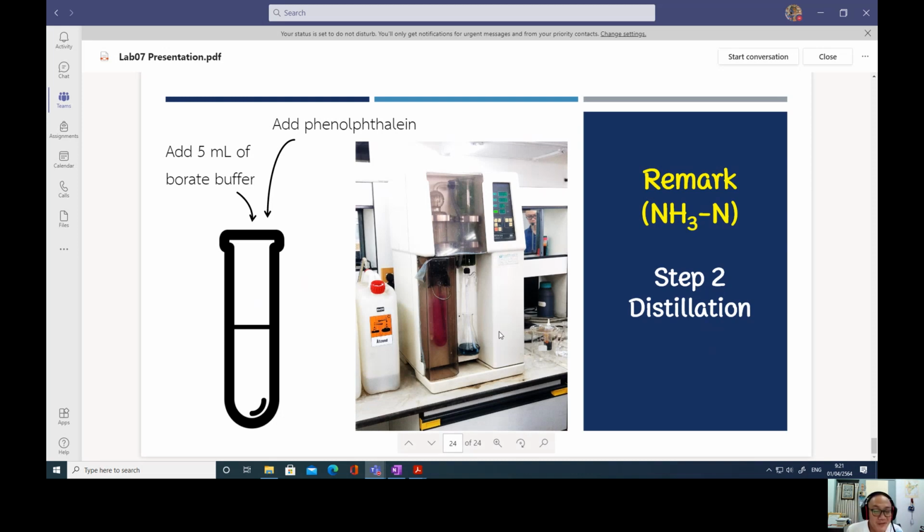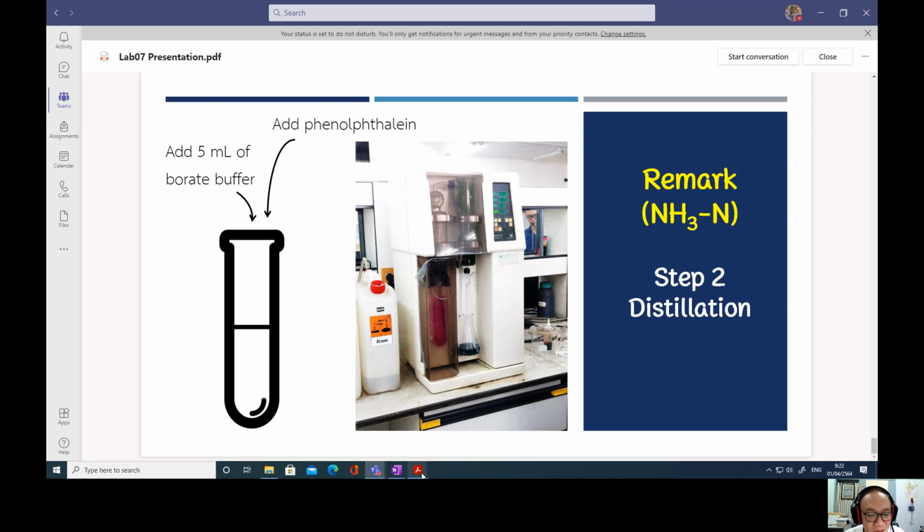But what will happen if you get ammonia greater than the TKN? Theoretically speaking, TKN must be greater than the ammonia. It's impossible for the ammonia to be greater than the amount of TKN. Okay, so that is all about the analysis.